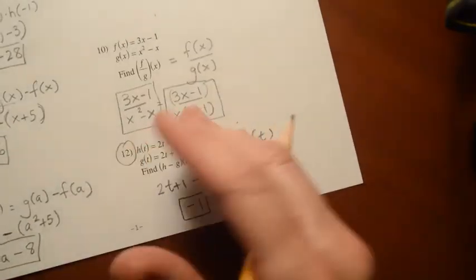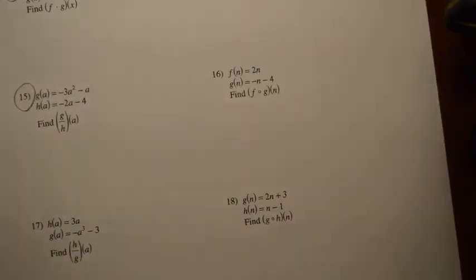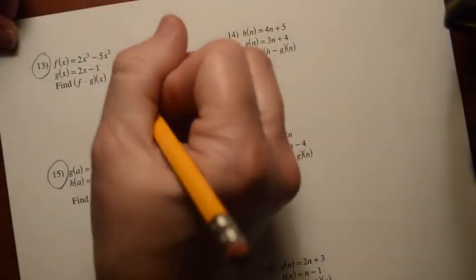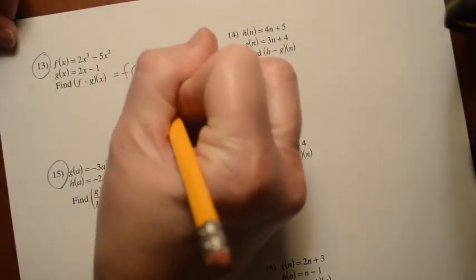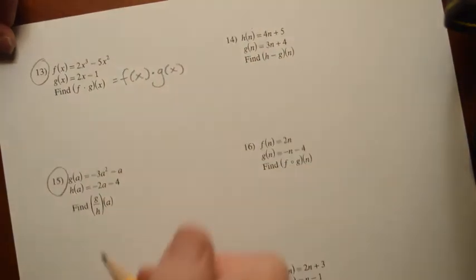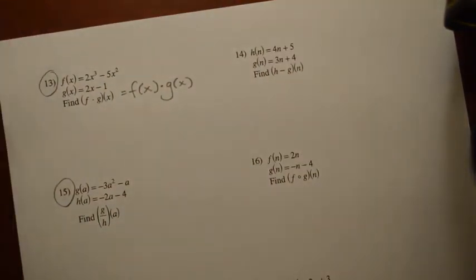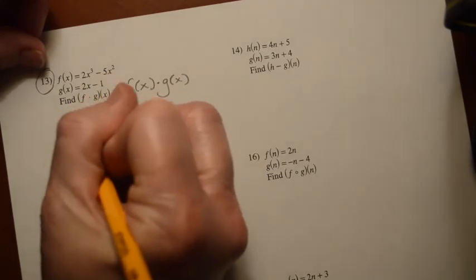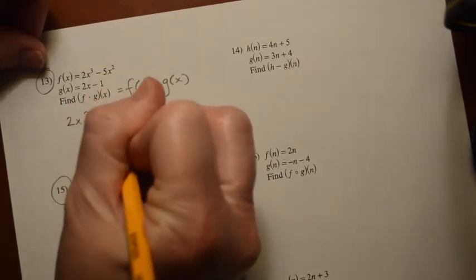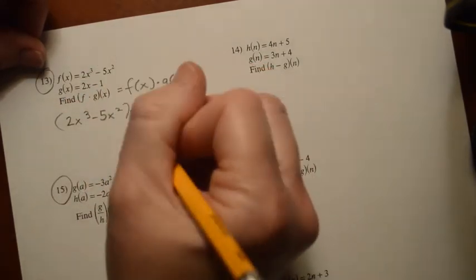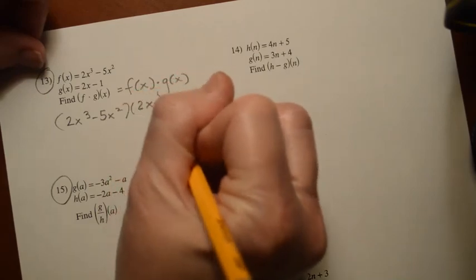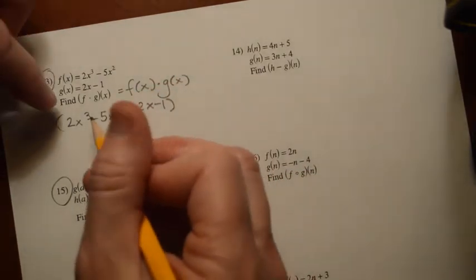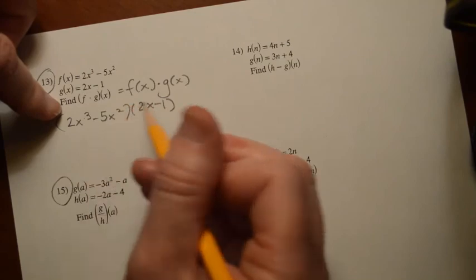All right, on the top of the next page, we've got number 13. This was f of x times g of x. All right, f of x is 2x cubed minus 5x squared times g of x, which is 2x minus 1. And again, we're just going to use that FOIL where each thing meets up with the other one.